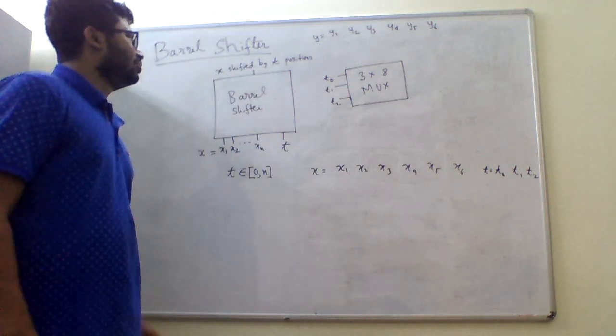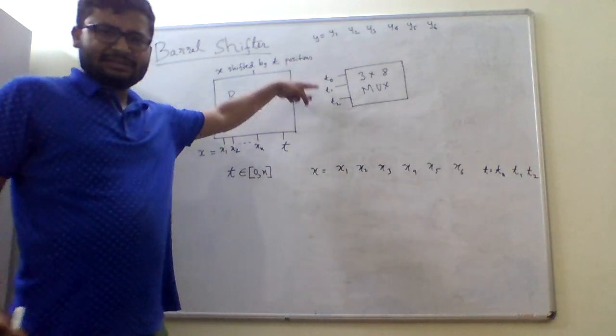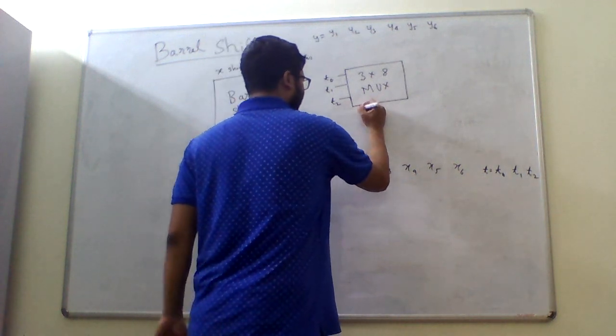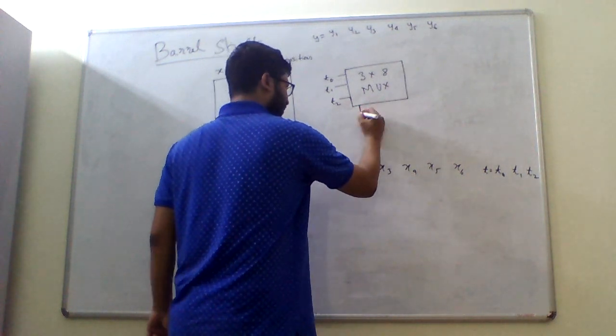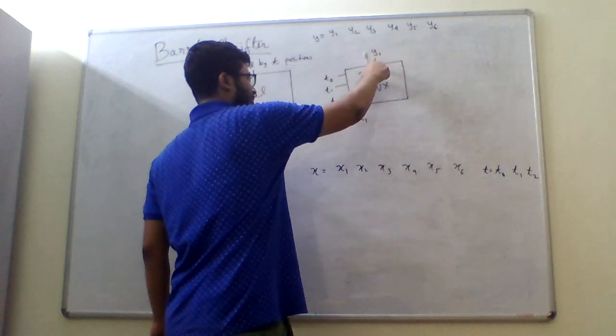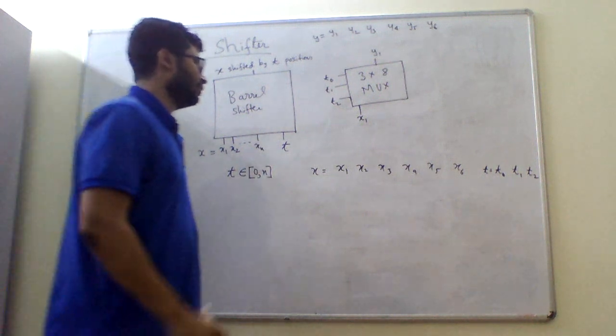So y1 should be x1 if t is all zeros. So the first data line should be connected to x1, and the output line of this mux will be y1.